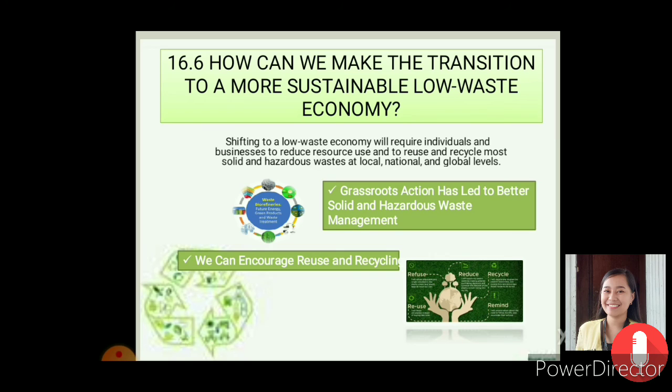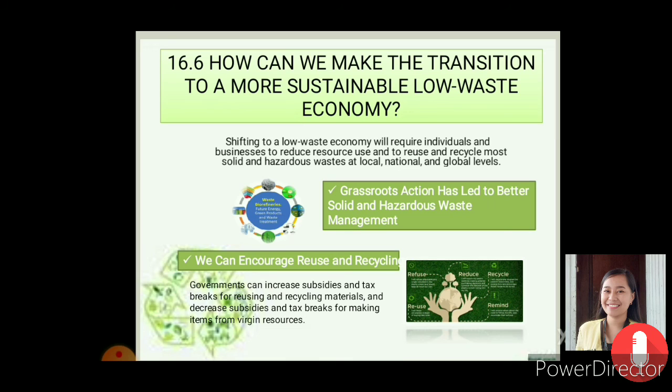The proponents say that leveling the economic playing field is the best way to start. Government can increase subsidies and tax breaks for reusing and recycling materials and decrease subsidies and tax breaks for making items from virgin resources.